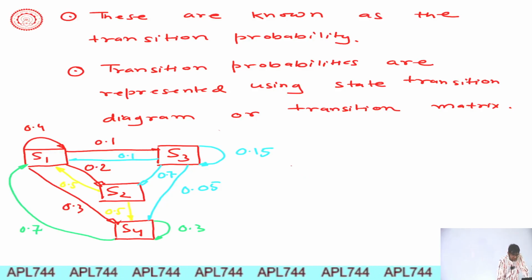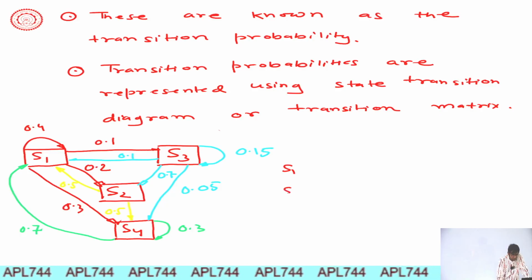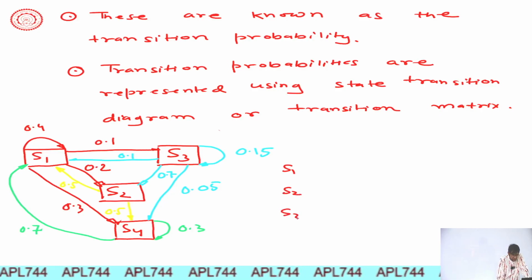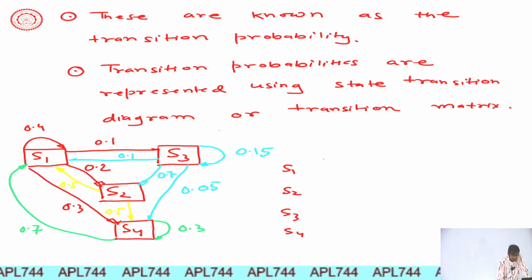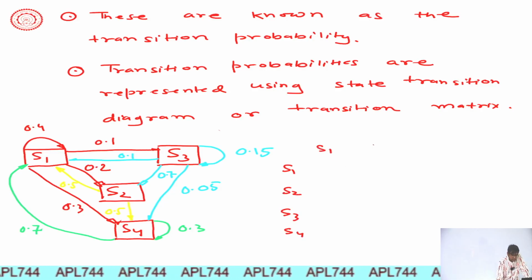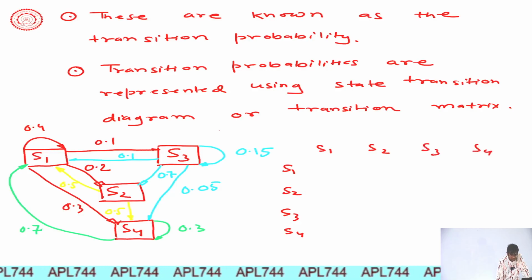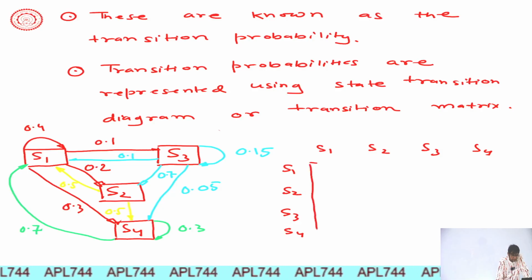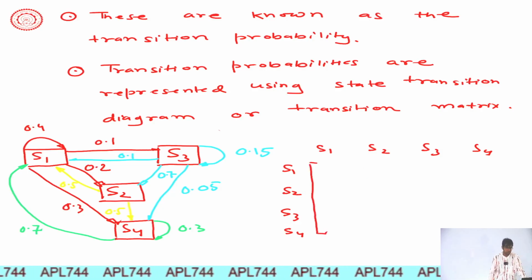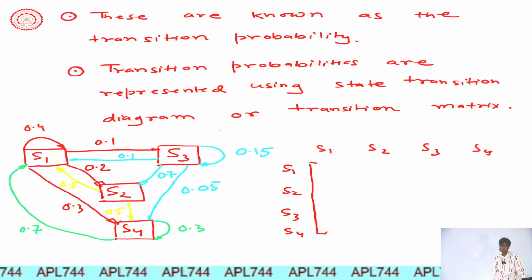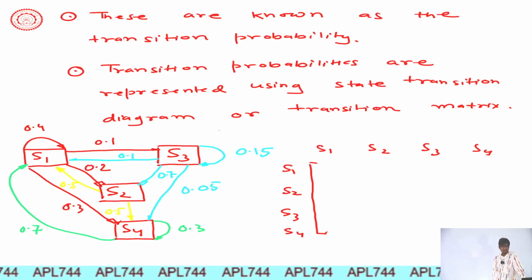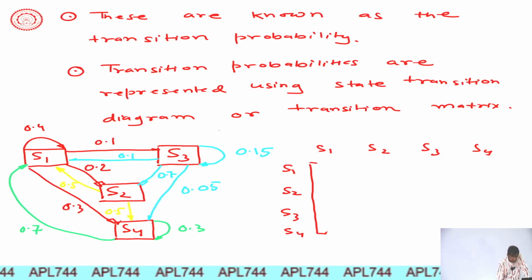So let us write S1, S2, S3, S4, S1, S2, S3, S4. Okay. What is the probability of going from S1 to S1? You tell me. 0.4.